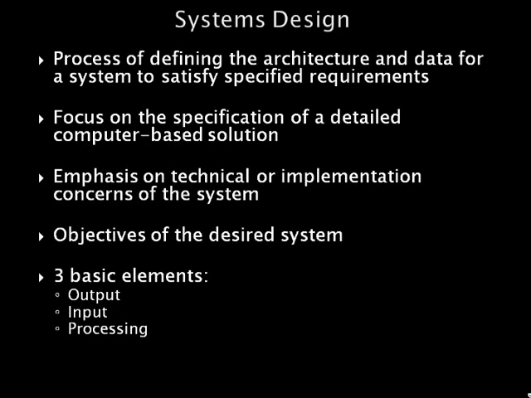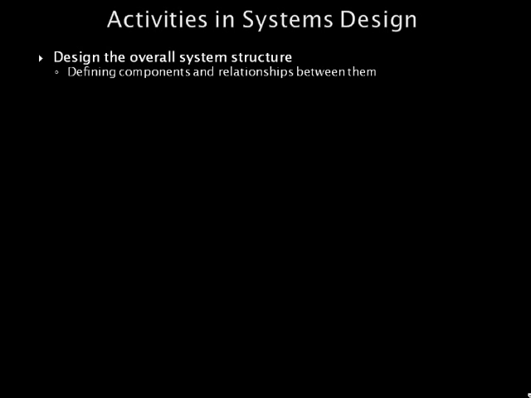Activities in systems design. Design the overall system structure. Designing the system structure means defining its components, the relationships between them, that is, the connections by which control is passed from one module to another at execution time, and the information flows between pairs of modules.